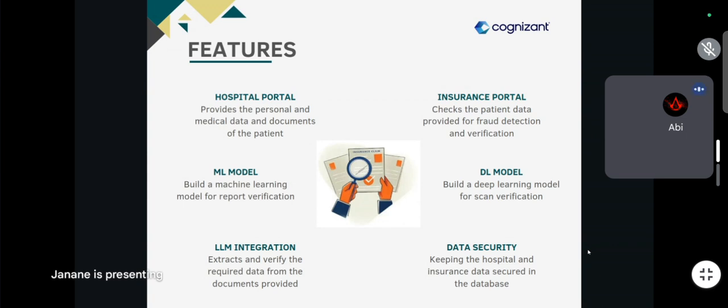Lastly, the sixth feature is data security. This feature focuses on keeping both hospital and insurance data in a secure database. It's crucial for maintaining patients' privacy and complying with healthcare data protection regulations. These are the features.